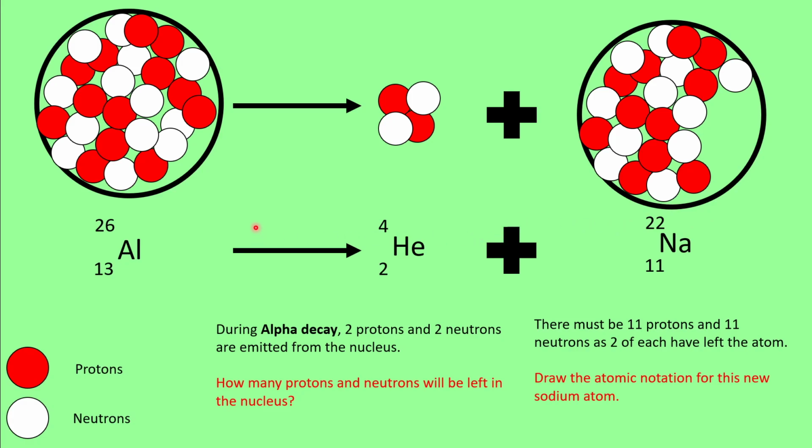Now if you notice here, 26 here, 4 and 22. The numbers on this side must add up to the numbers on this side. 4 plus 22 is 26, and 2 plus 11 is 13. And that is going to be a repeating thing that we notice while drawing out these nuclear decay equations.